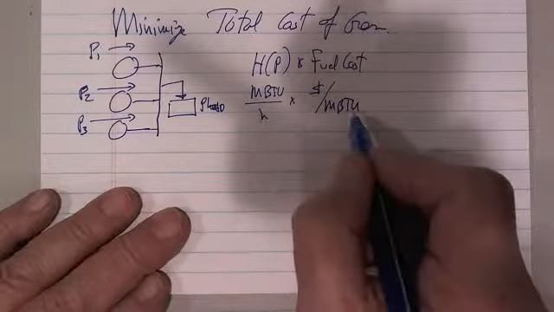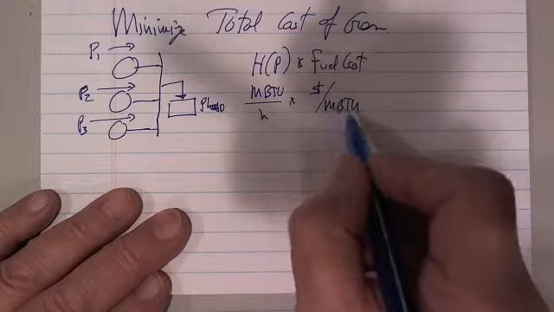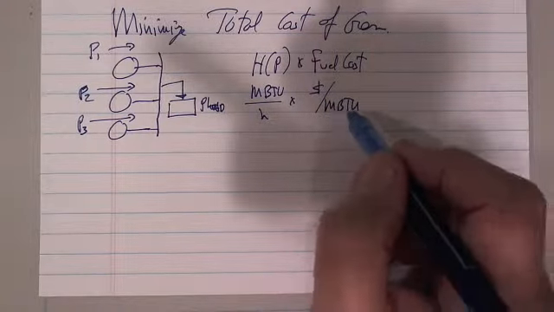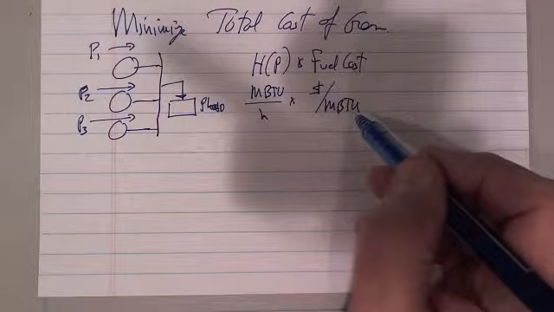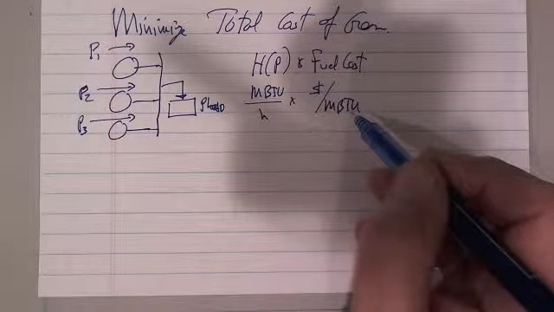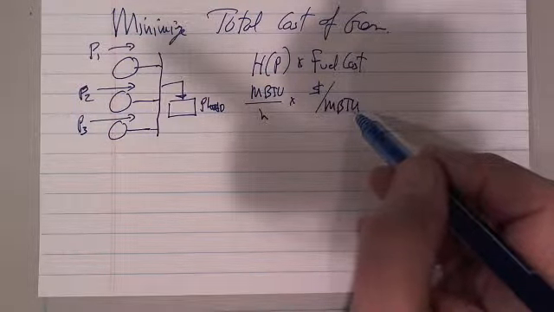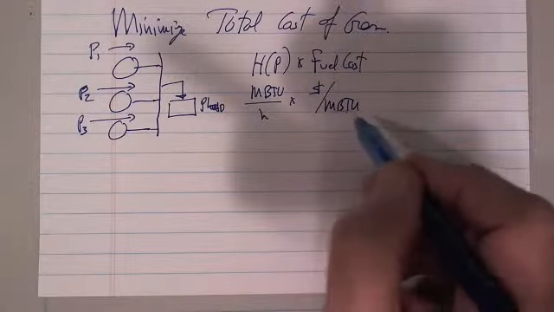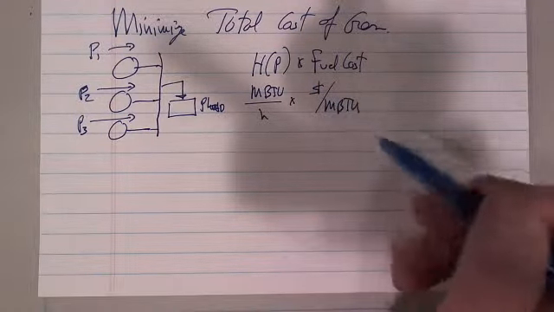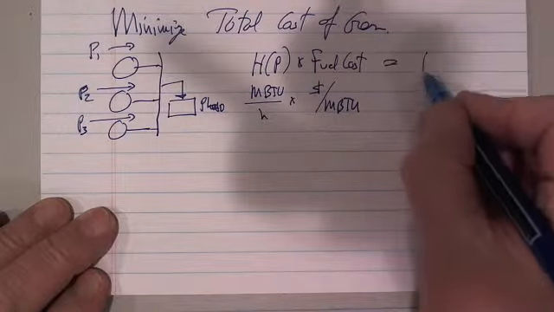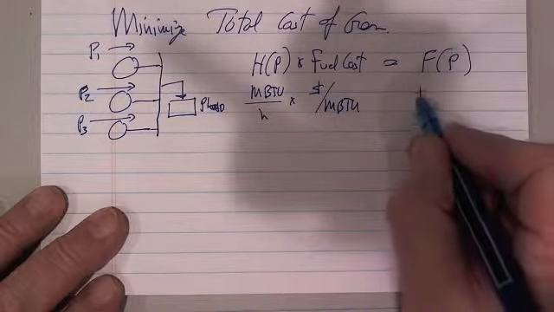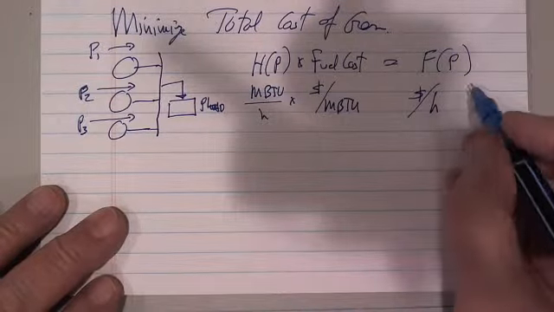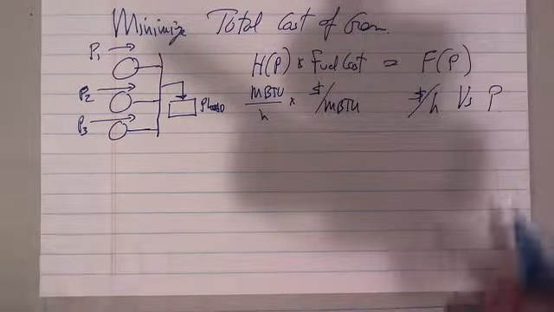But we're going to just go around that, and we're going to say that we have a specific heat. We know how much MBTU per cubic measure of fuel we have. And so we're going to have a dollars per MBTU, and we're going to get a function F of P, which is dollars per hour versus P.